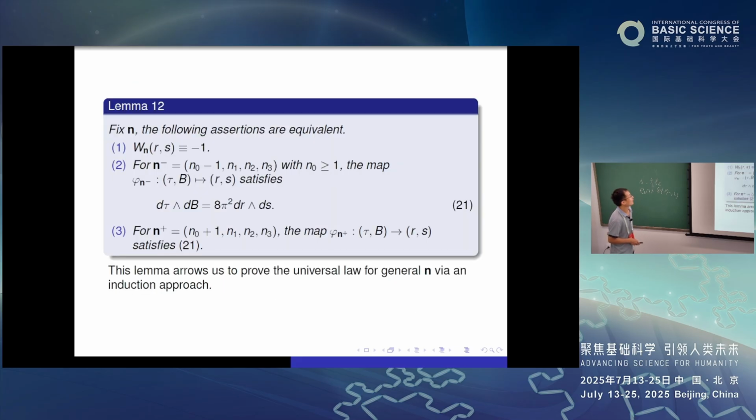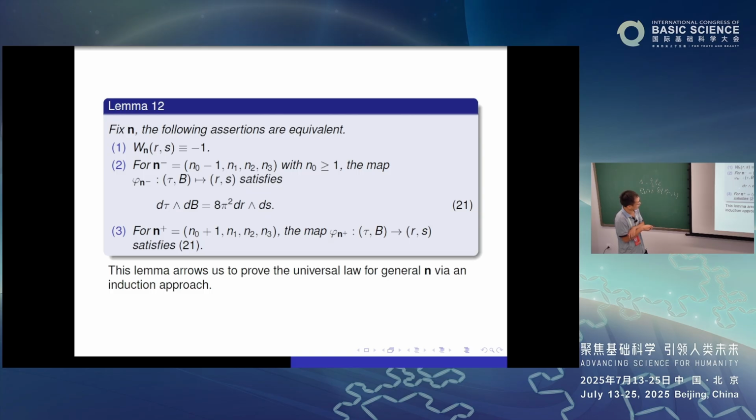So the key step in our proof is to prove that the following three statements are equivalent. That is, the Wronskian is also independent of r and s. The Wronskian is always minus 1. It is equivalent to the universal law holding for n minus, and also equivalent to the universal law holding for n plus.